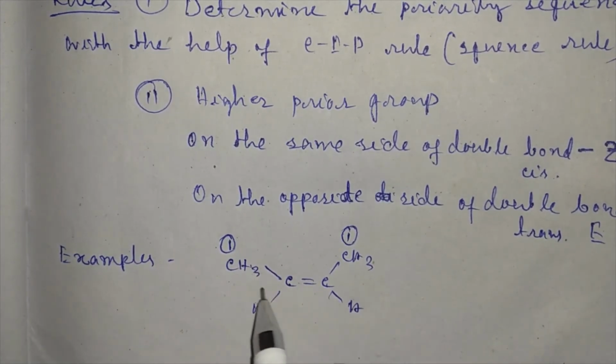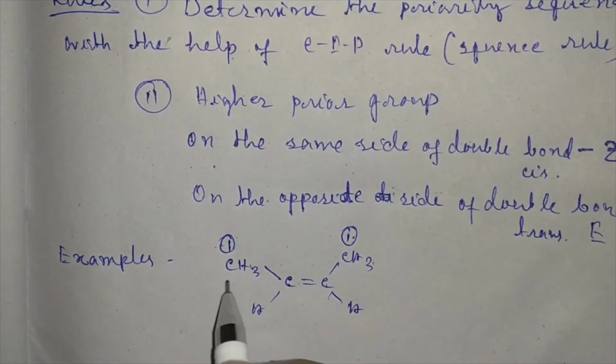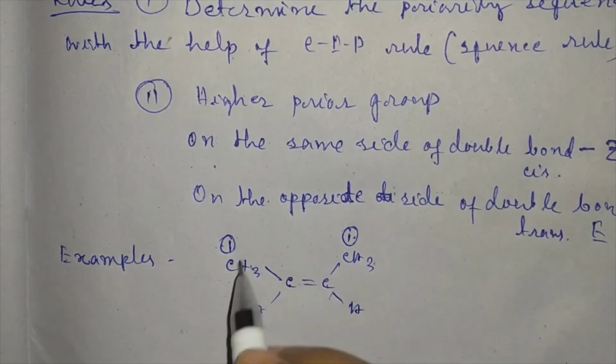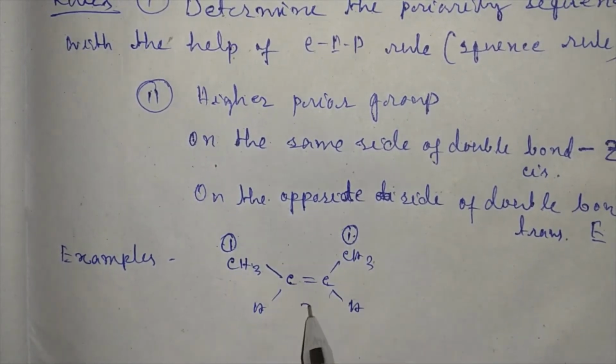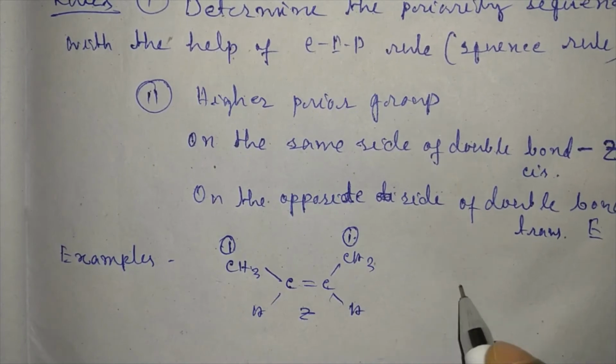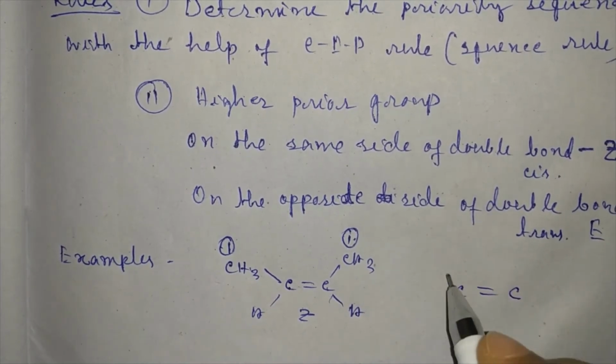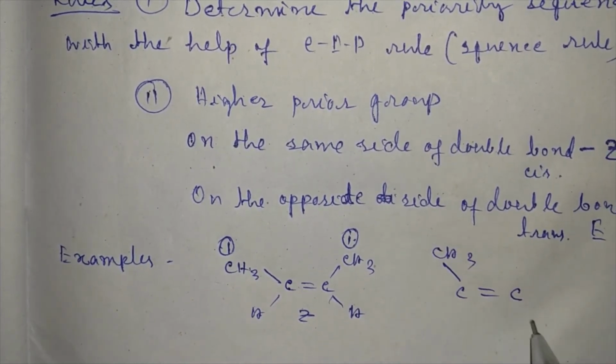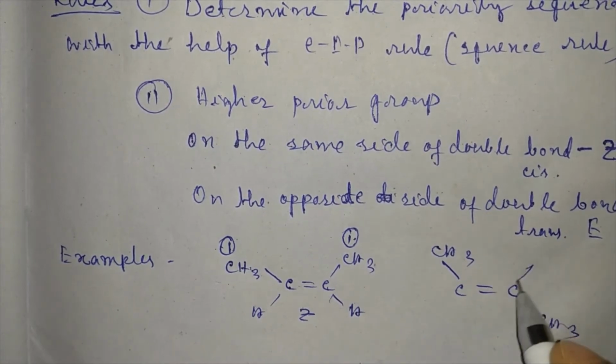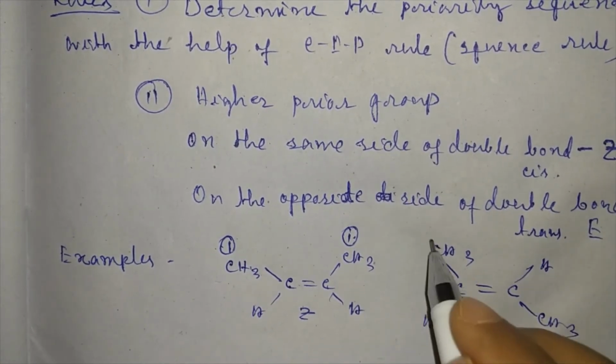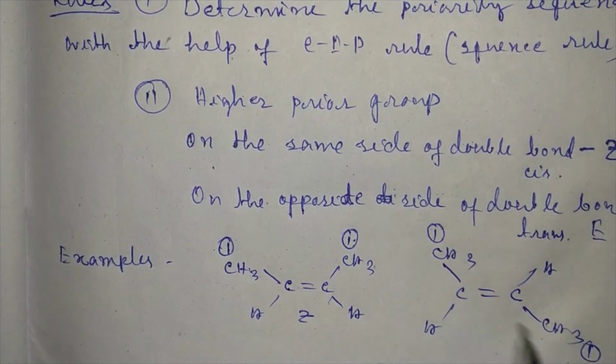We see here that these two higher priority groups are on the same side of the double bond, so it is called Z. On the other hand, in this compound, the higher priority groups are on opposite sides, so this is called E.